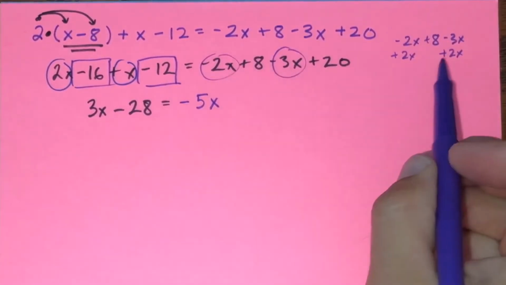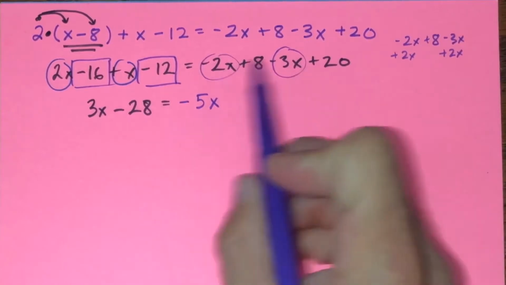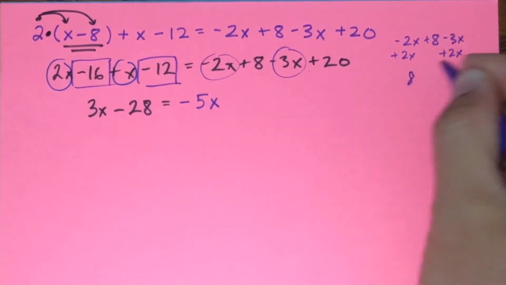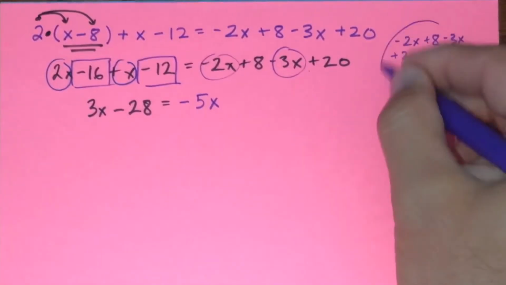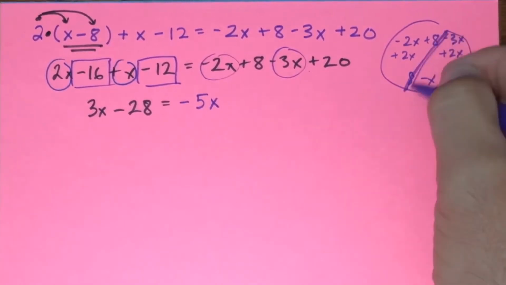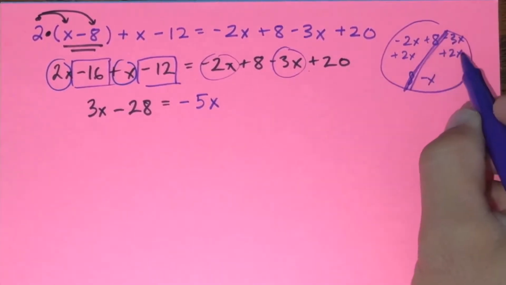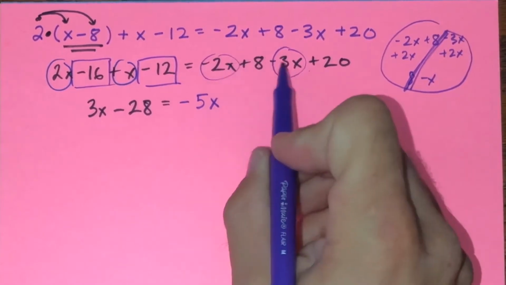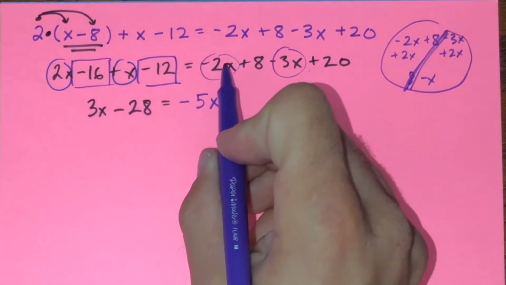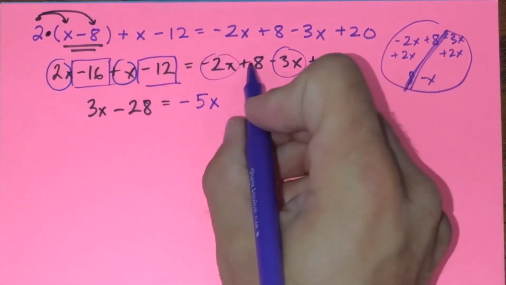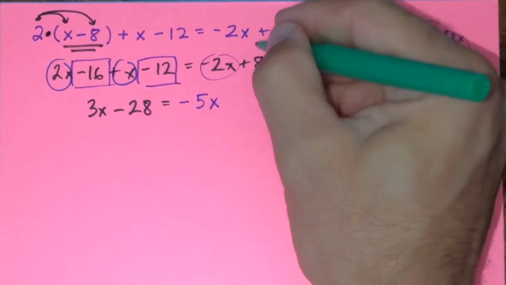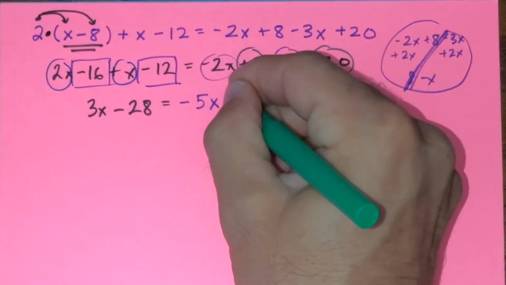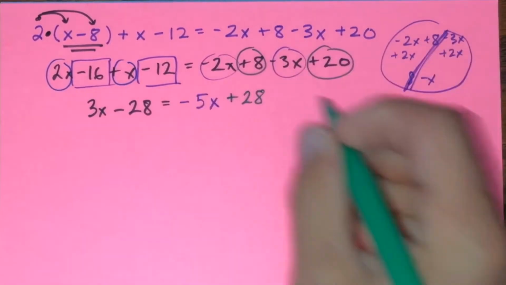Basically, they're moving the 2x on the same side of the equation, and they end up with 8 minus x. And this is incorrect, because you're not combining terms, you're moving terms. So be careful to combine them, not to do the same thing you would do to move it to the other side. And then again, we have the plus 8 and the 20, and that gives us a plus 28 here. All right, so color matching.